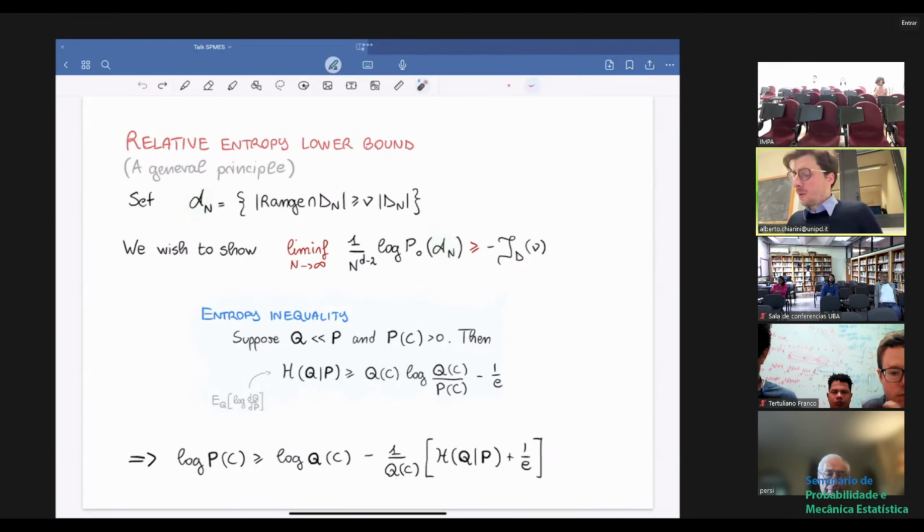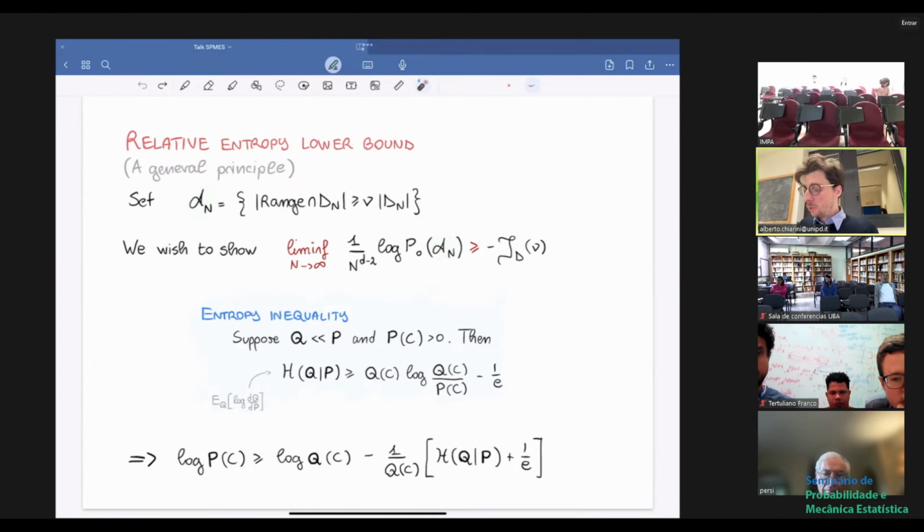This probably is well known by many of you, but I like it very much, and I want to tell you about that. So we consider the event that our random walk covers this positive fraction of points, and we want to show a large deviation lower bound for the probability of this event, A_n.